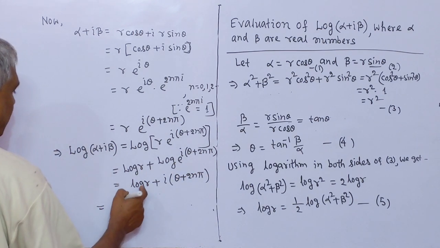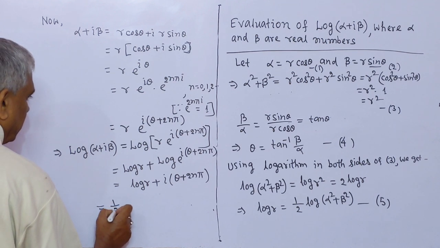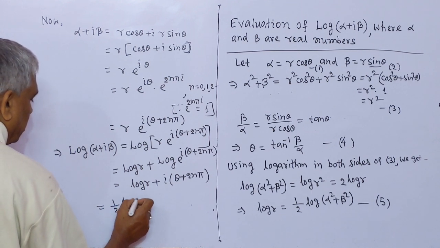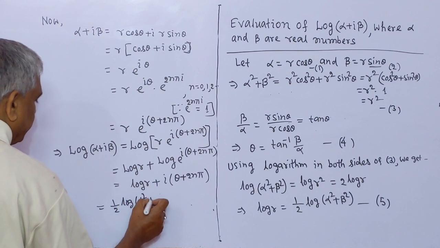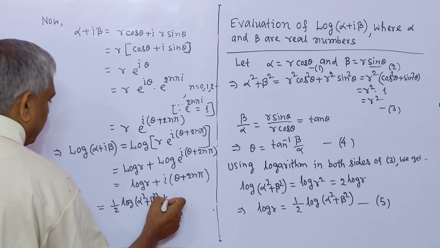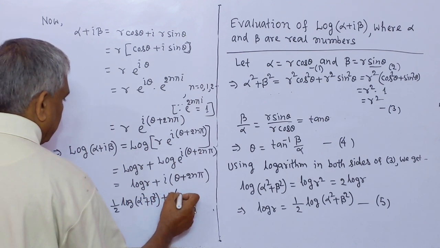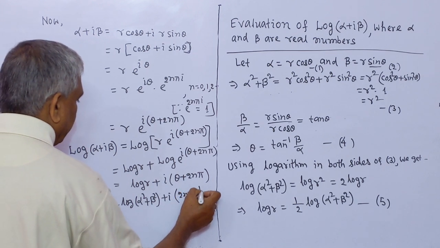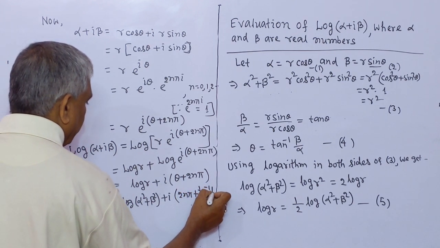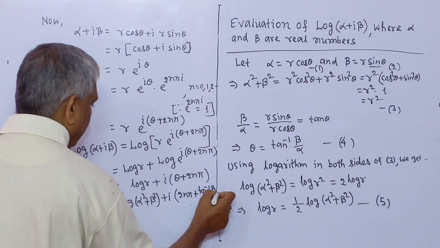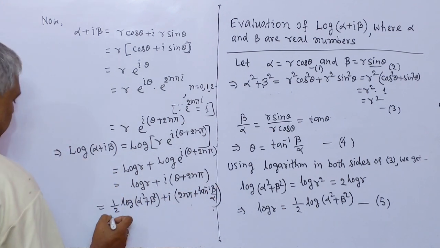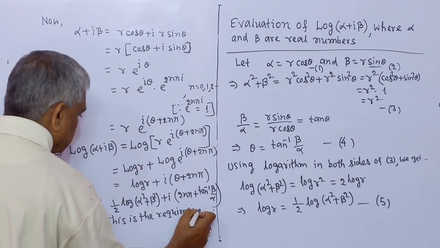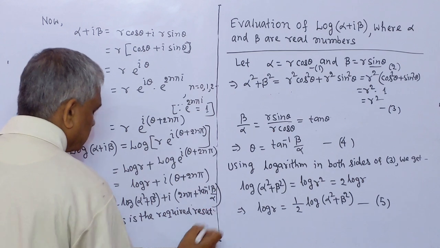This log r is half log alpha square plus beta square plus i, here 2n pi plus theta, where theta equal to tan inverse beta by alpha. This is the required result.